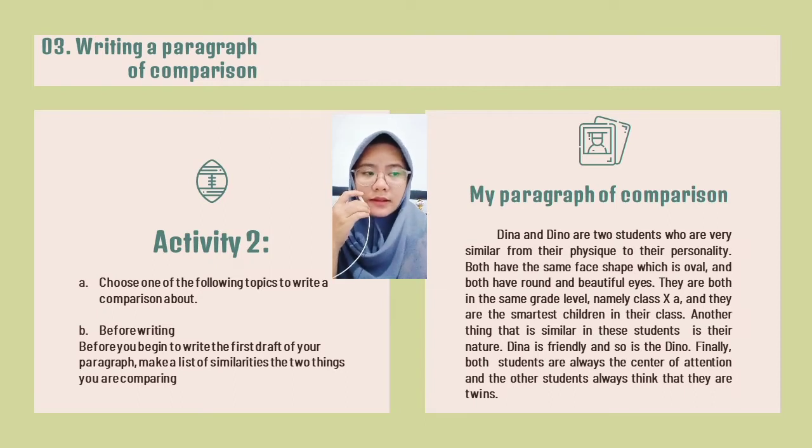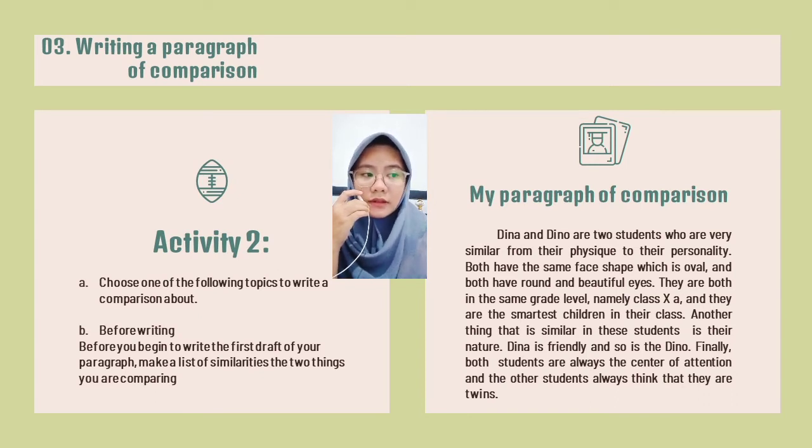I will read that. Dina and Dino are two students who are very similar from their physique to their personality. Both have the same face shape, which is oval, and both have brown and beautiful eyes.